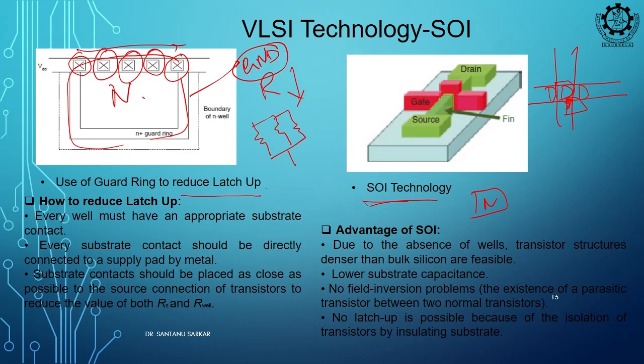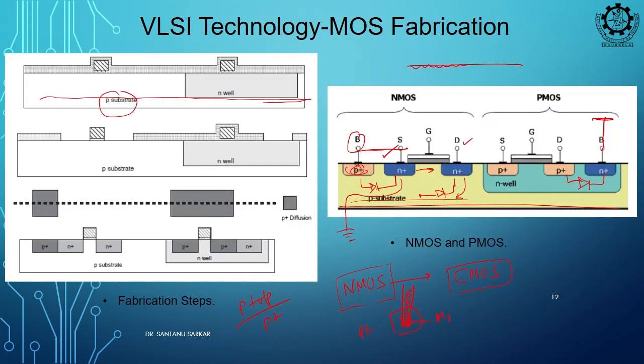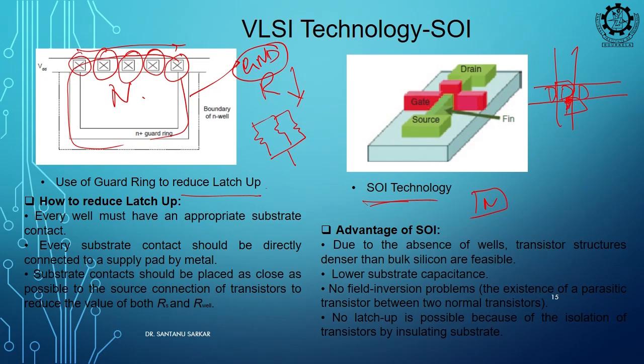Previously your MOS was grown on a substrate. Your NMOS and PMOS were grown on a p-type substrate. Now they will be grown on some insulator, that means SiO2. So this is your insulator, SiO2.